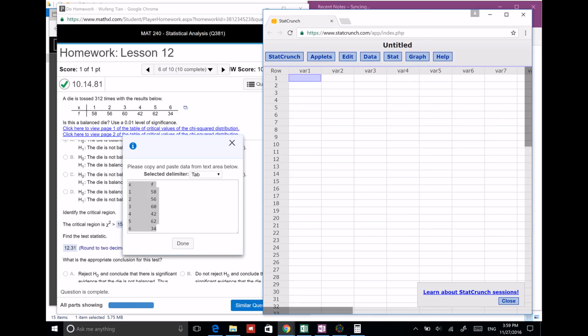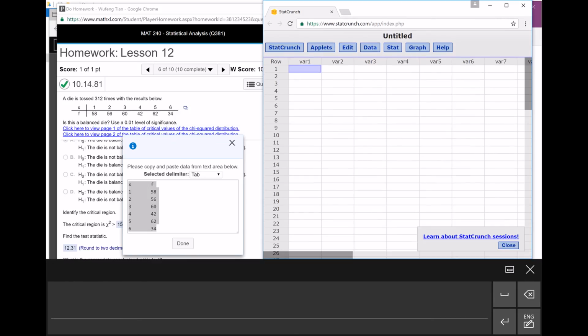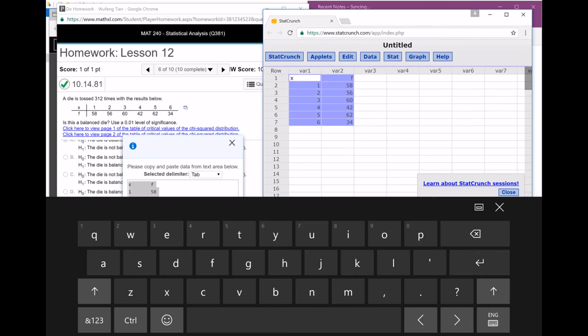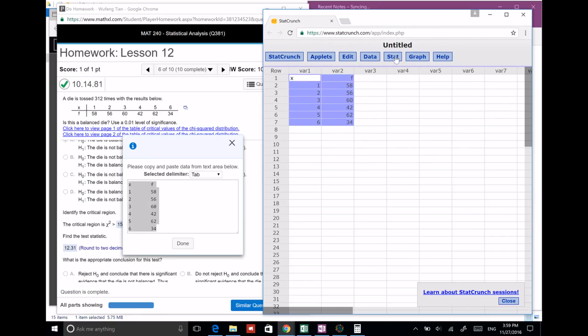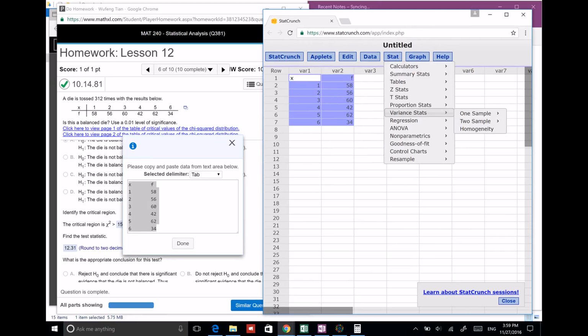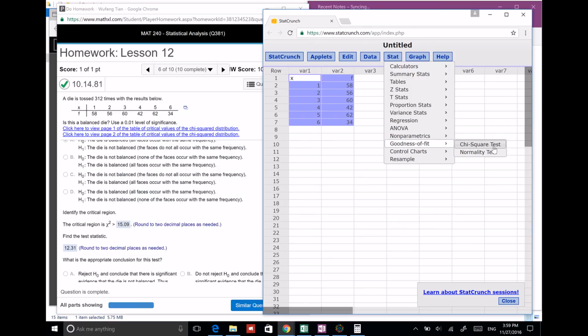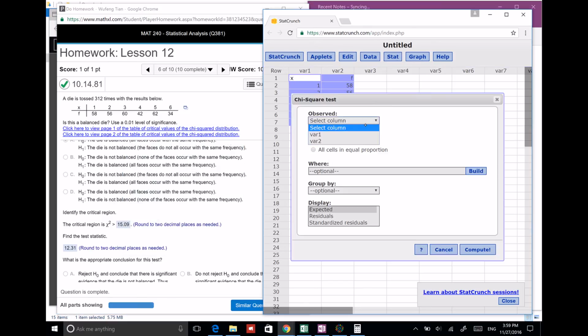So copy, Control C, Control V, paste it. Okay, so what do you have here? You got that, and this is goodness of fit. Okay, chi-square. And the first one is, wait, all of them, right?